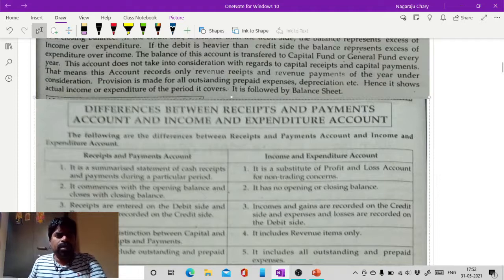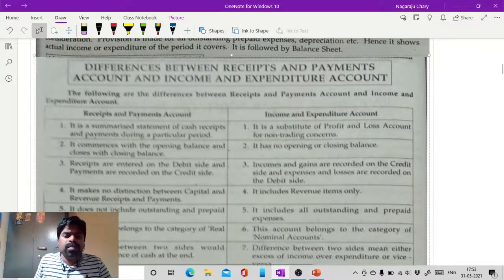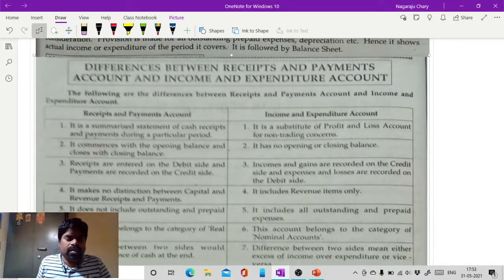We may consider some points in one account, and we may not consider some points in another account. While preparing the receipts and payments account, some points are to be remembered, some points are to be ignored. But in preparing the income and expenditure account, one point is to be considered, another point is to be ignored. So let us see which points are to be considered and which points are not to be considered.